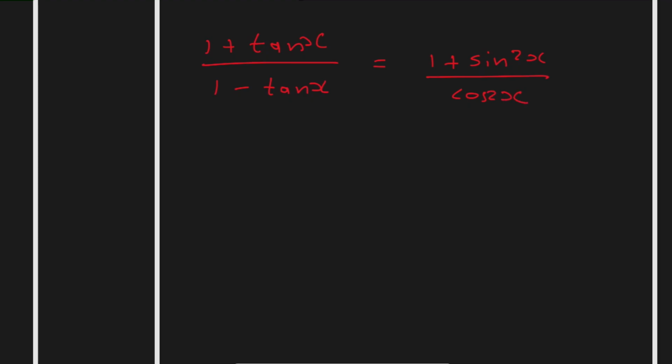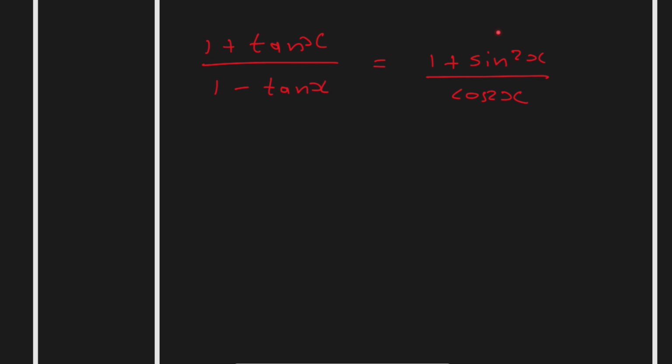Okay, so this one is a little bit tricky. If you look at it, on the left hand side this thing is not simplified, and on the right hand side this thing is also not simplified. So it is really up to you which part you start with.